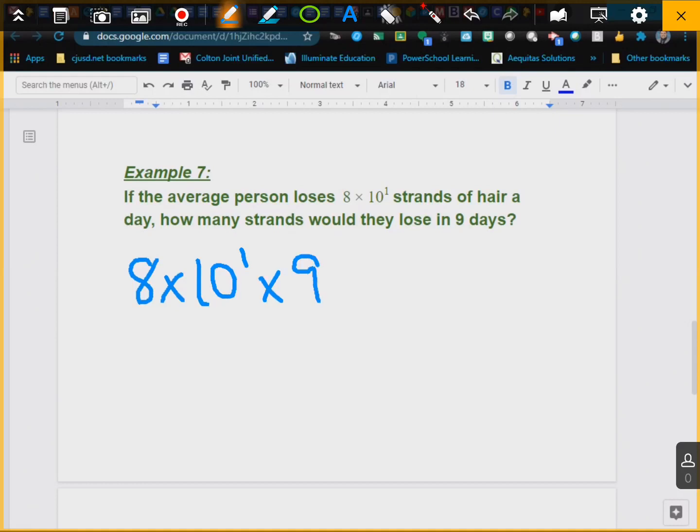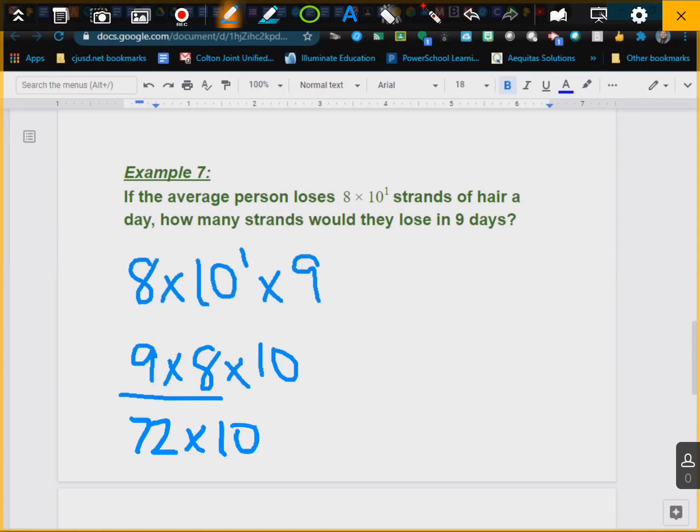Now I'm going to use commutative property of multiplication to put 9 in front of 8 and then multiply it by 10 to the first power, which is the same as 10. Now I know that 9 times 8 is 72, and 72 times 10, 72 times 1 is 72 still, and then you add the 0, 720 strands.